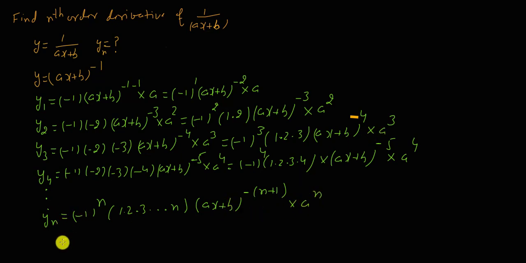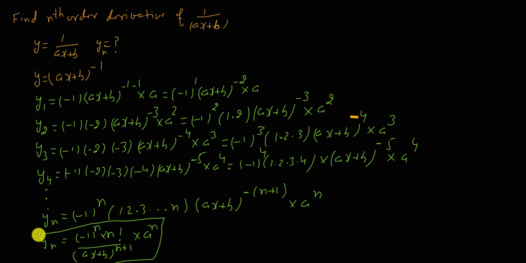So this can further be written as minus 1 raised to the power n, n factorial, and this will go into denominator, (ax plus b) raised to the power n plus 1 into an. So this is the nth order derivative of y is equal to 1 by (ax plus b). So that is how we will find its nth order derivative.